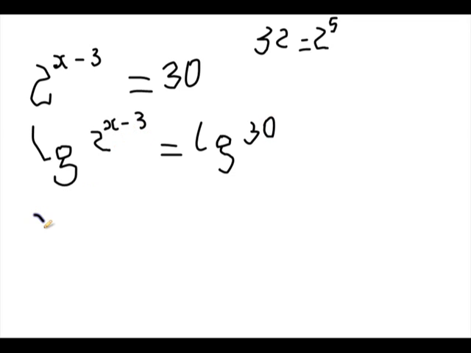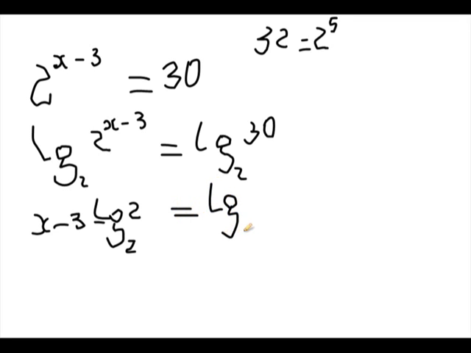So this is going to give me x minus 3, and I can use base 2 also here: log base 2 of 2, which is going to give me 1, right? Equal log base 2 of 30.